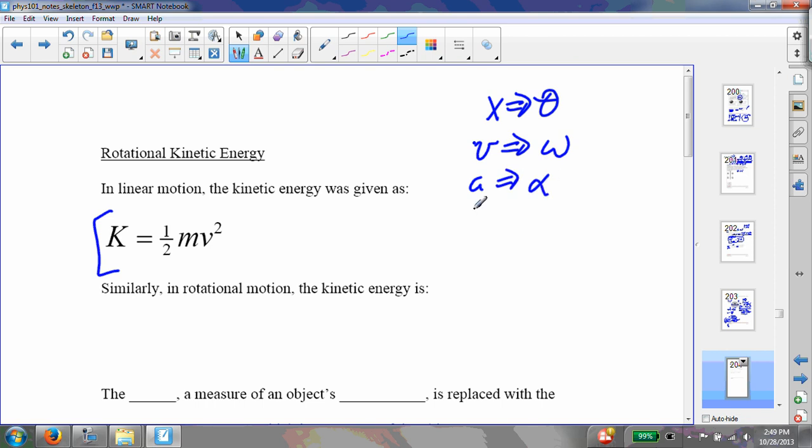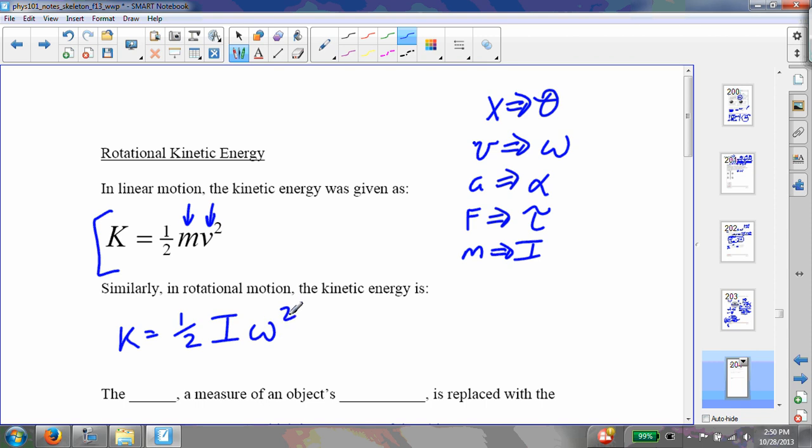Then we had F becoming tau for torque. Mass is becoming I for moment of inertia. So it shouldn't be that hard to see that mass can be replaced with the moment of inertia, and v can be replaced with omega. And then we get the kinetic energy equals 1/2 I omega squared.